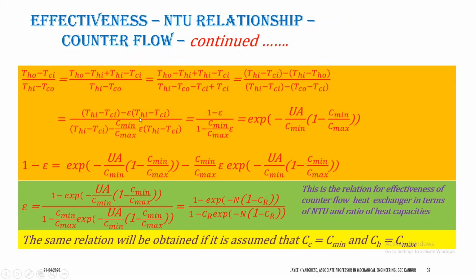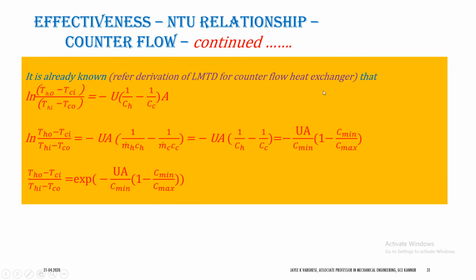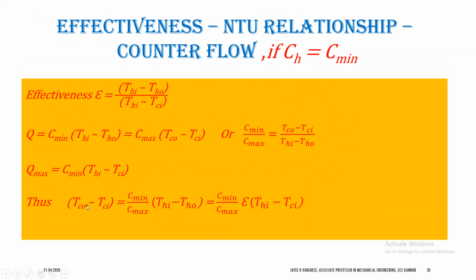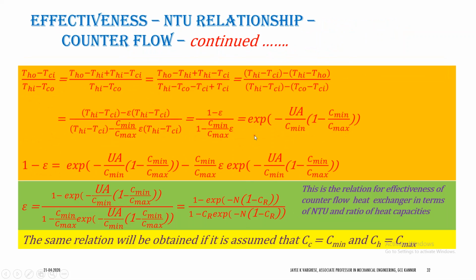THI minus THO is equal to epsilon into (THI minus TCI). And THI minus TCI is written as such. TCO minus TCI, if you remember, is equal to Cmin by Cmax epsilon into (THI minus TCI). The same relationship we used here. This is why we wrote the previous relationship in the first slide. So Cmin by Cmax into epsilon into (THI minus TCI).